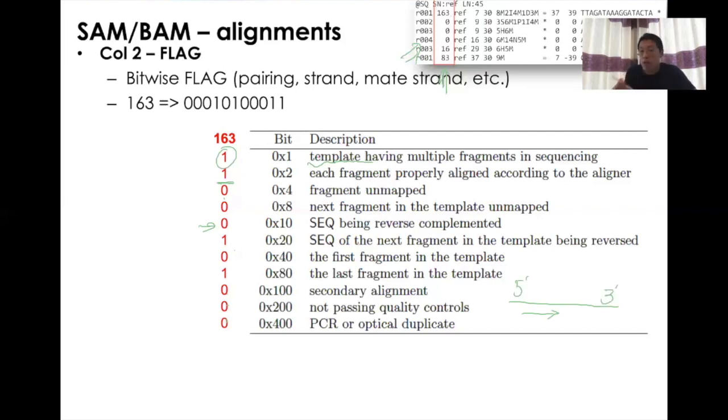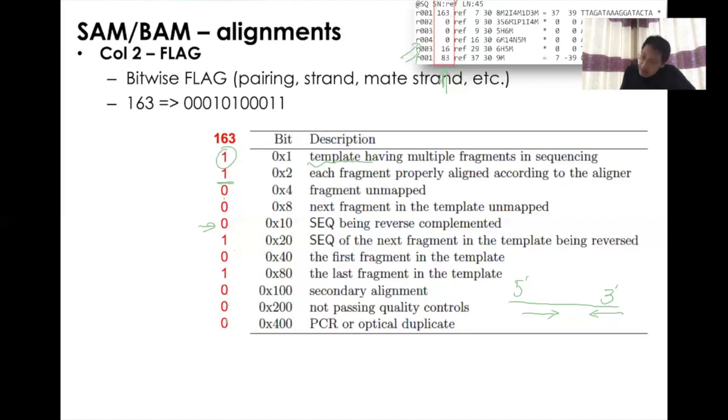And that tells you this particular read is from 5 to 3. Next one is the sequence of the next fragment in the template being reversed. And the answer is yes, which means the other read is somewhere from 3' end to 5' end.